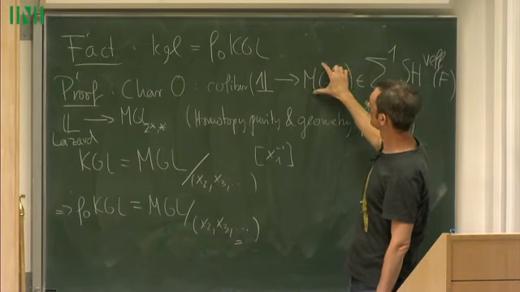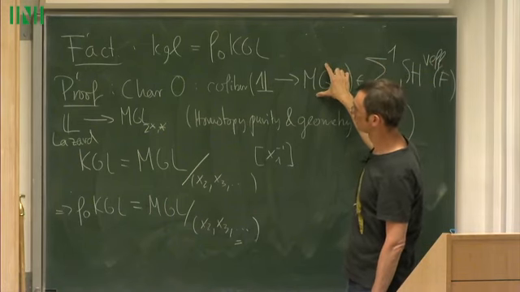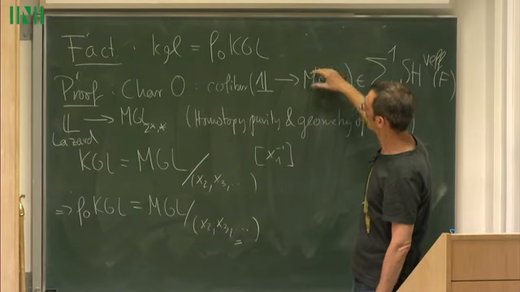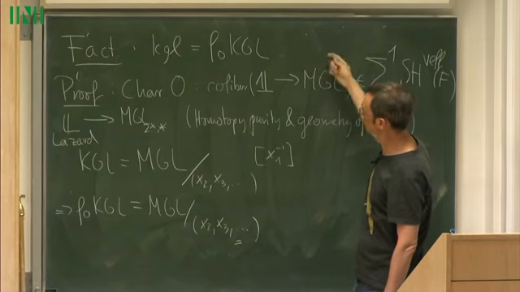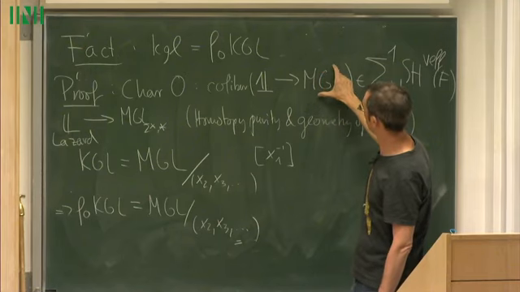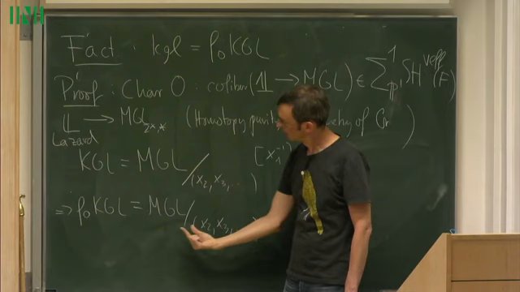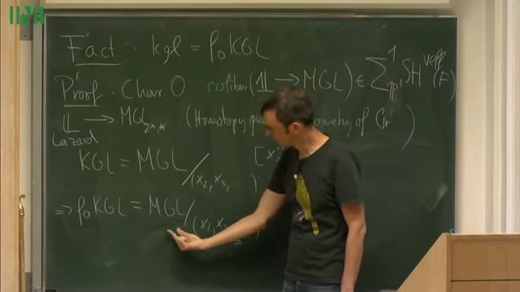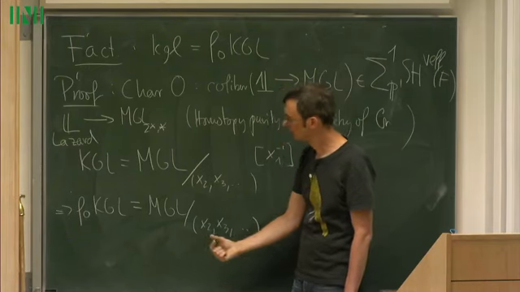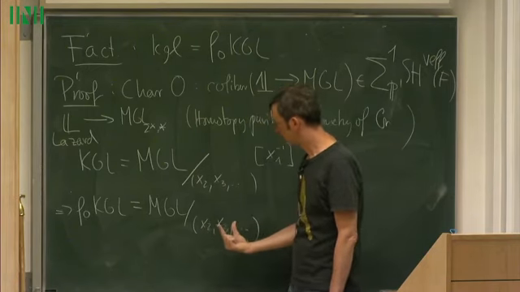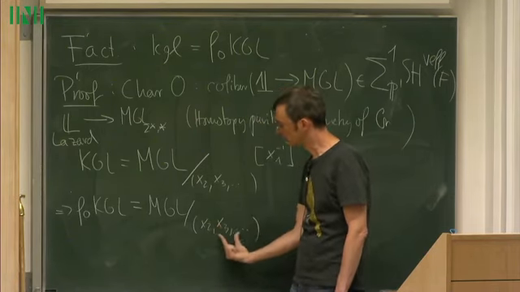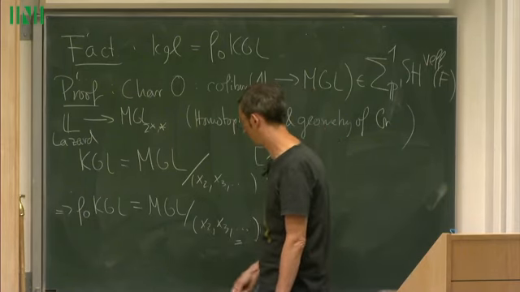This helps you to describe the whole effective and very effective filtration of MGL. They coincide. This here is very effective, and when you take these homotopy colimits, it remains very effective.